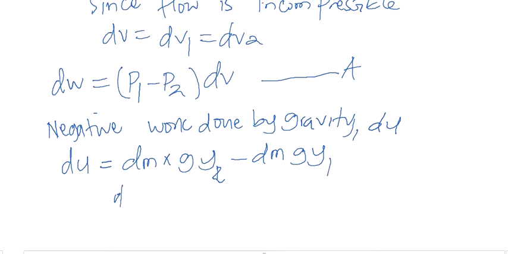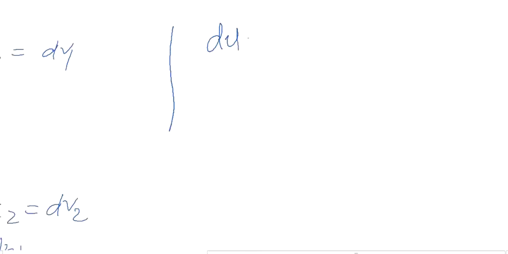Since the mass is equal to the density of the fluid times the small volume, dU will equal rho dV g times (y2 minus y1). This is equation B.